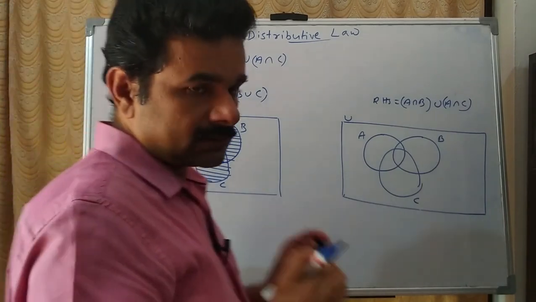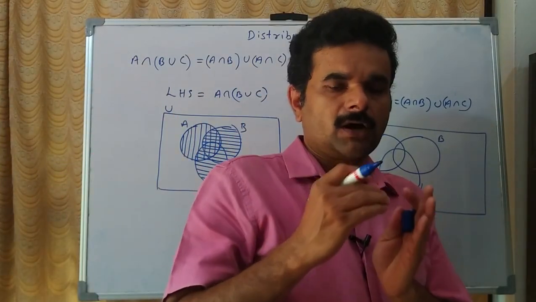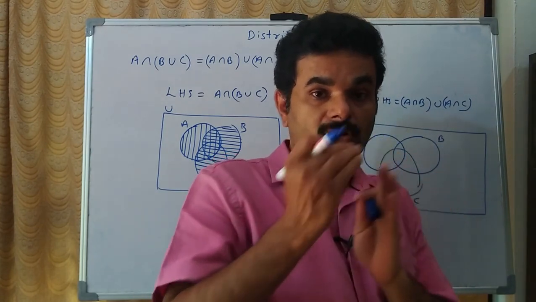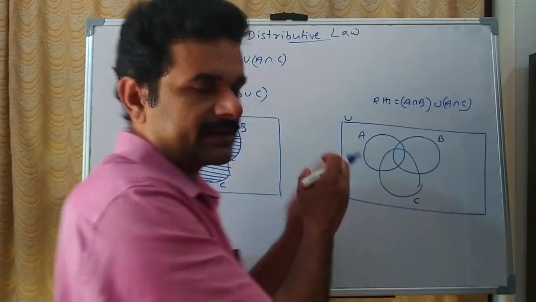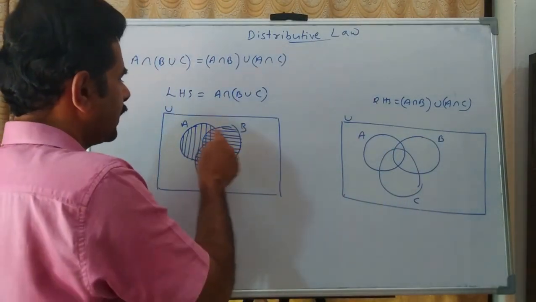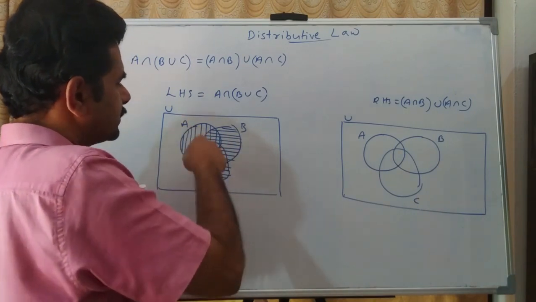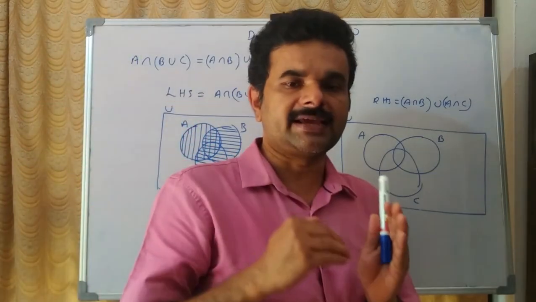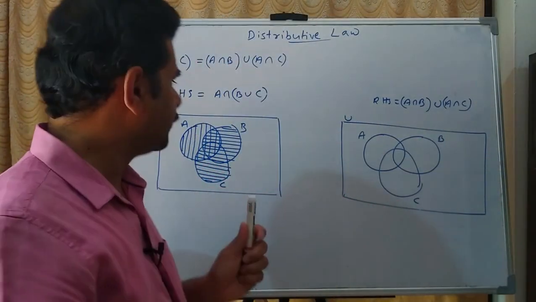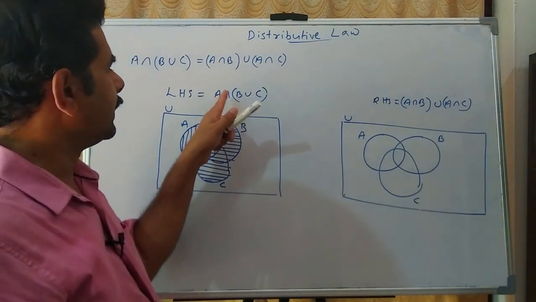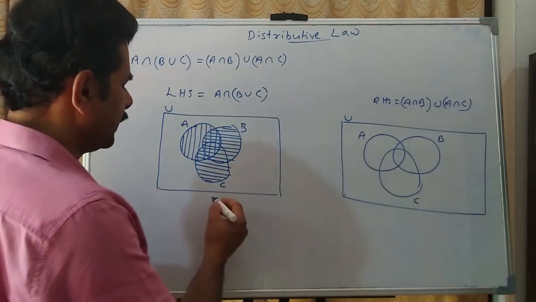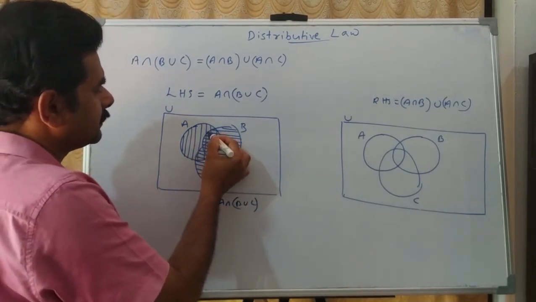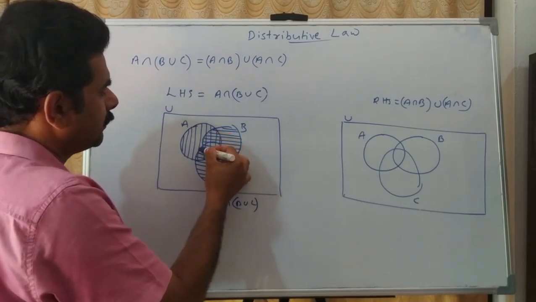Then both vertical and horizontal lines can be seen in a particular area. Horizontal lines, this one, vertical lines, this one. So you can see two types of shadings in a particular area, and that area represents A intersection B union C, which is this area up to this.